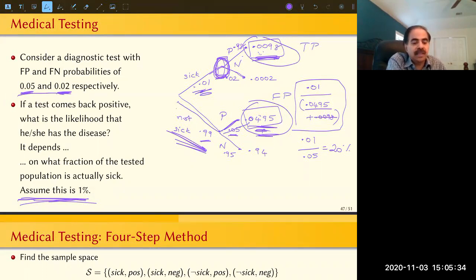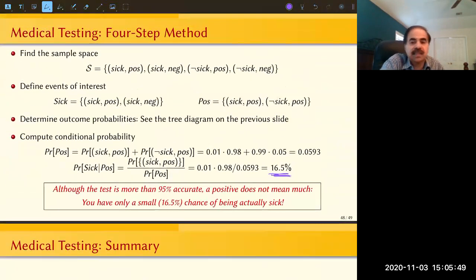So when a test comes positive, you know that either you are here or over there. But because false positives end up being 5 times larger than the true positives, the net result is that even though the test says you're sick, the actual likelihood of you being sick is only like 1/6.